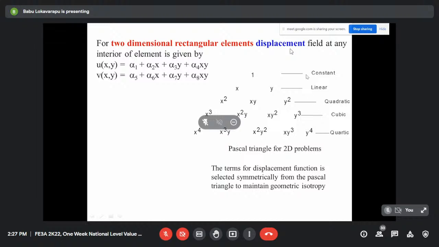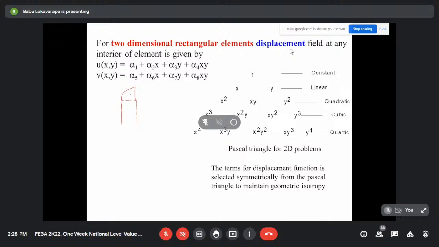See the constant, linear, quadratic, cubic. And one thing in case of area, I told you clearly. When you are finding this, first you take a constant.